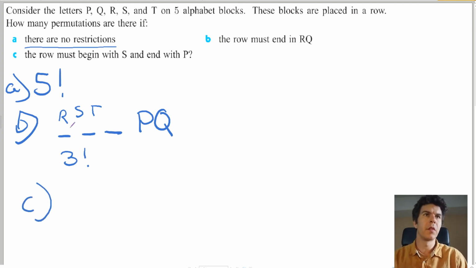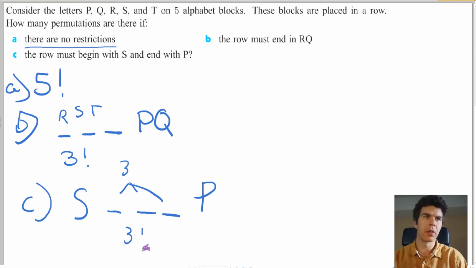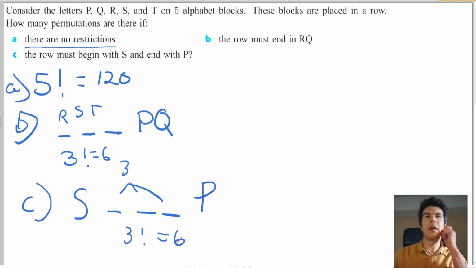Similarly, if we begin with S and end with P, we have blank, blank, blank in the middle, the 3 letters into 3 spaces, so 3 factorial. 3 factorial is just 6. And there you go, we did it. We solved 3 permutation and combination problems.